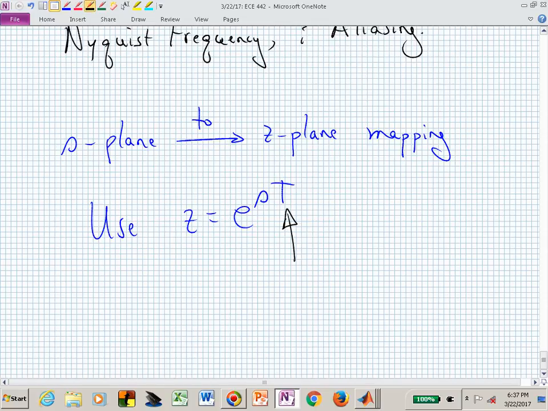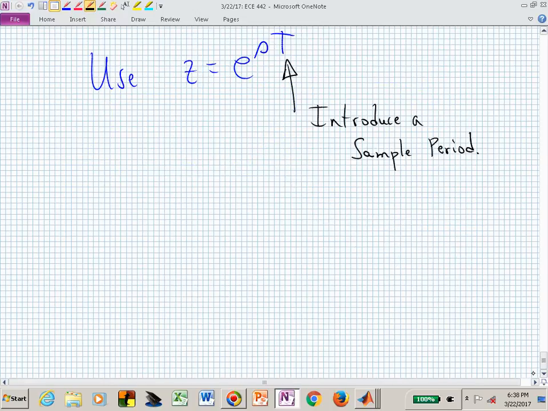So when we make this mapping, we are now sort of imposing this sample period or sampling frequency on this mapping. This T introduces a sample period.